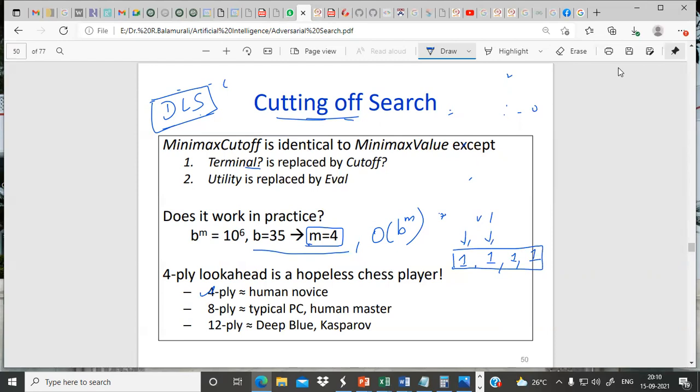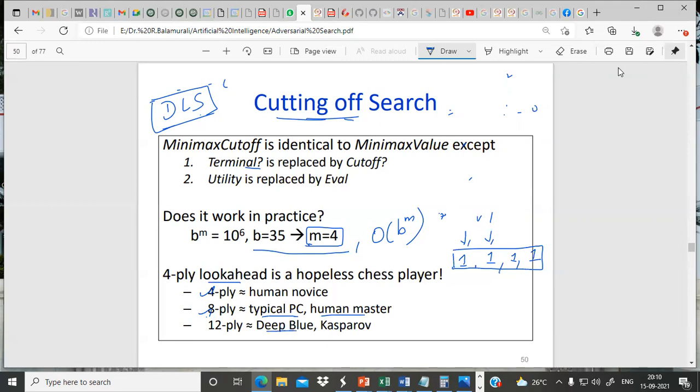So to a depth of 4, a normal human can do. And a typical PC, an AI program, or a human master can look ahead up to 8 ply level.